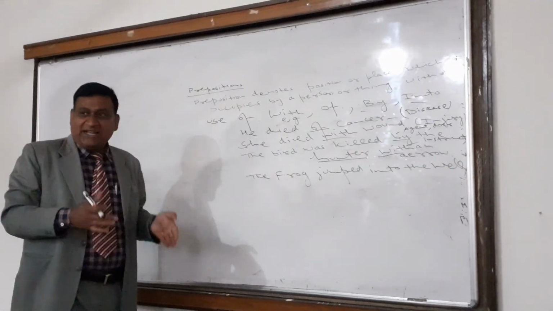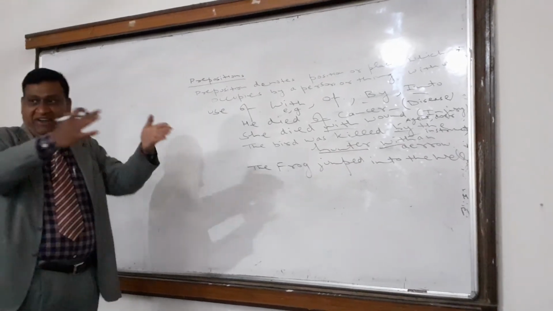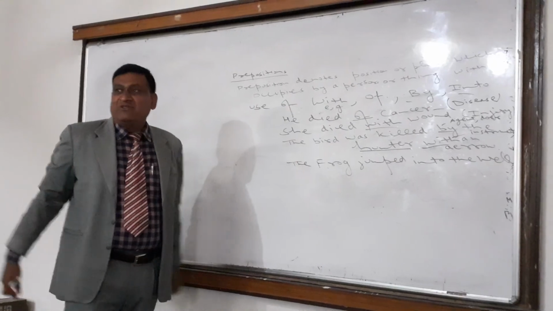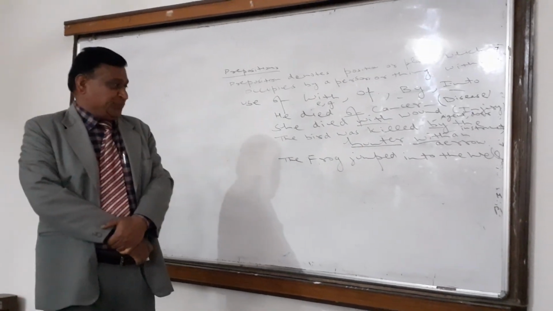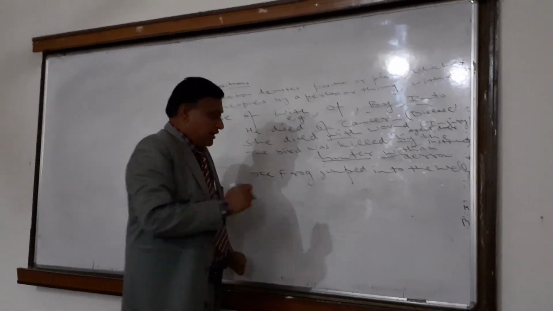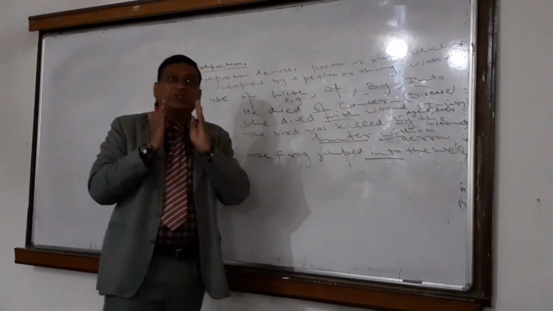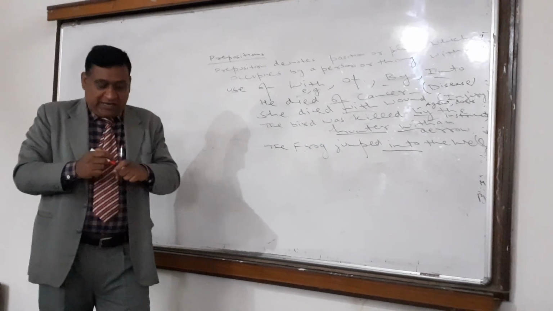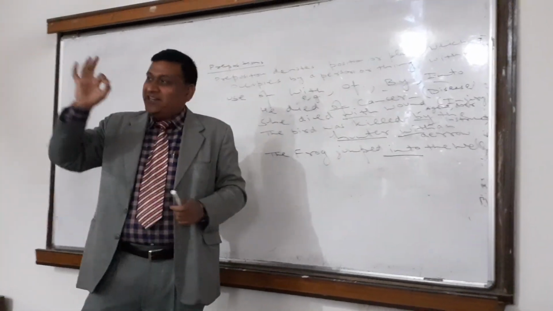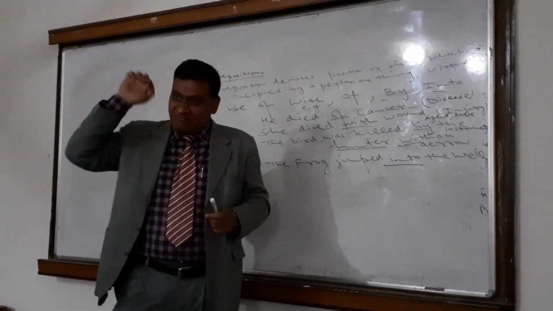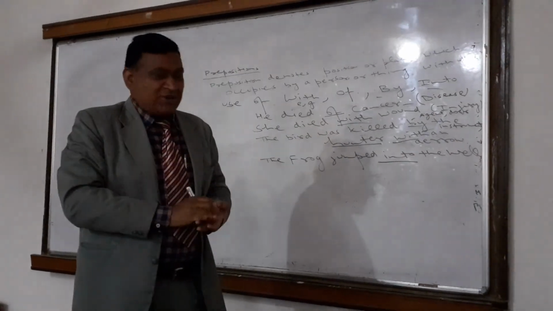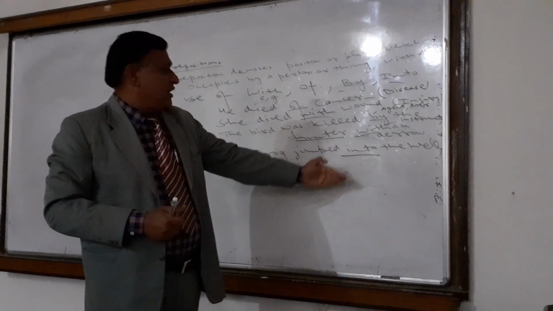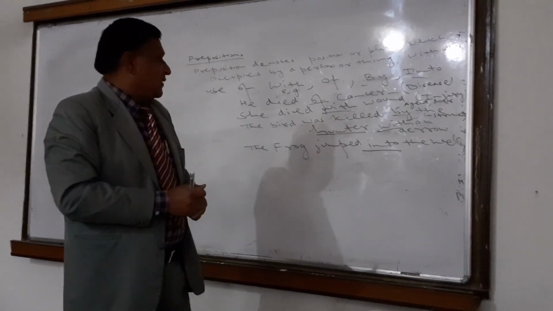When we are talking that somebody is entering between two things, there we will be placing into. He has entered into the window. She has entered into the ring. So you must know all these things, how to place this preposition there.